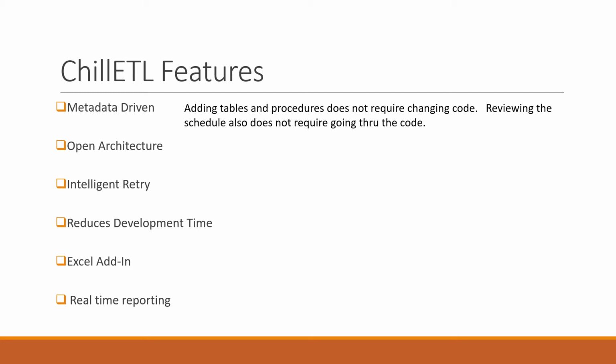Also, trying to find out what the schedule is for, let's say, a daily and a weekly job does not require going through the code, doesn't require going through, let's say, some master pipeline. Typically in a lot of projects, people create a master pipeline and they start adding calls to child pipelines in it as requirements change over time.